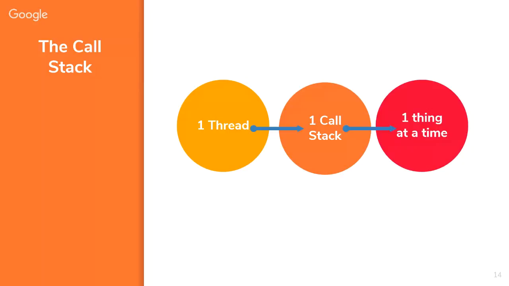You just have one piece of code running at a given time, and there's no way to execute two pieces of code, so you can't have two functions running at the same time. This is very important to know.